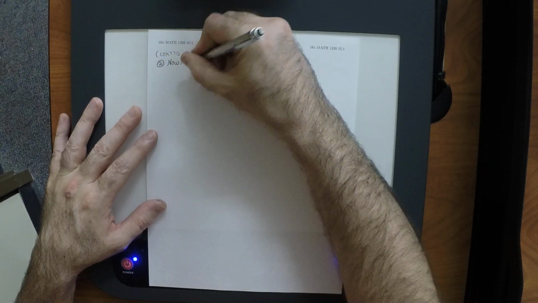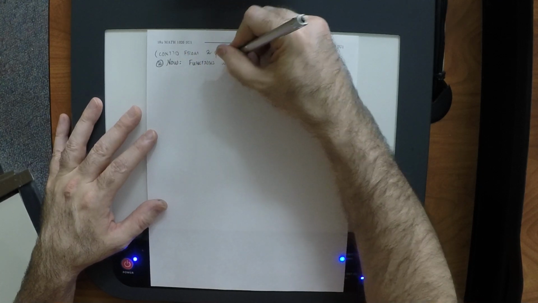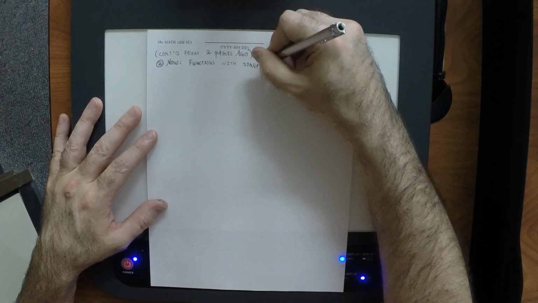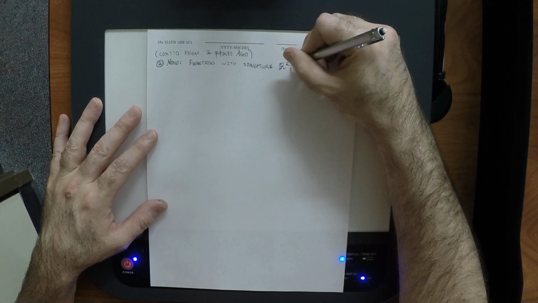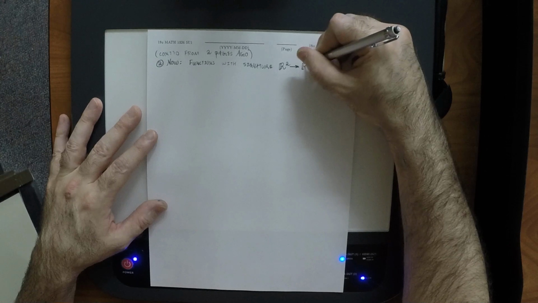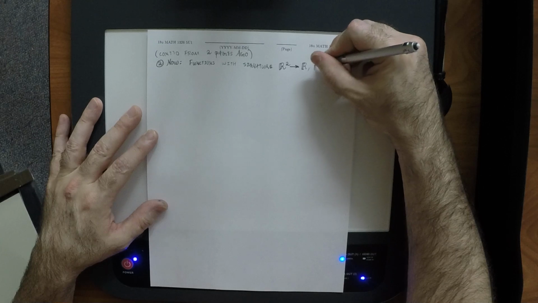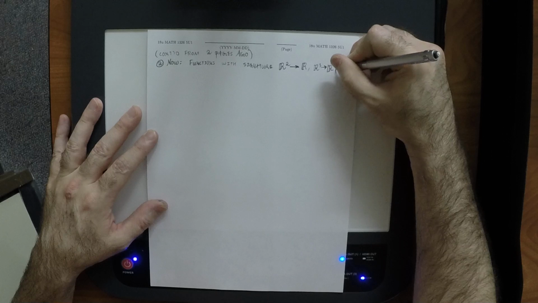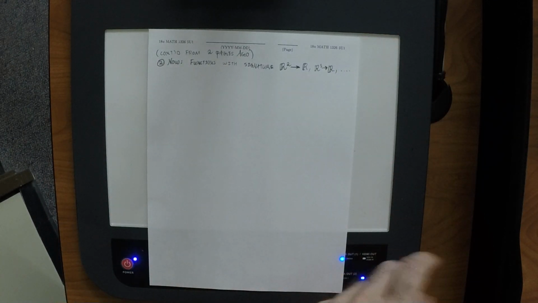Now we're going to deal with functions with signature r squared to r, and r cubed to r, etc. But the output is still just r.